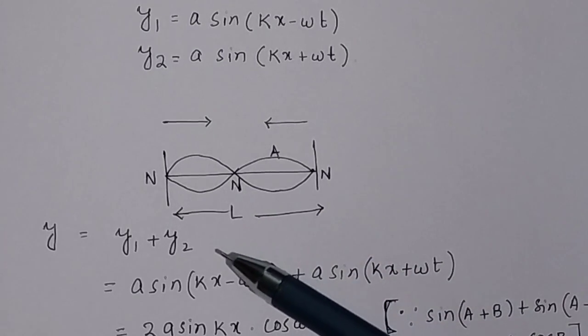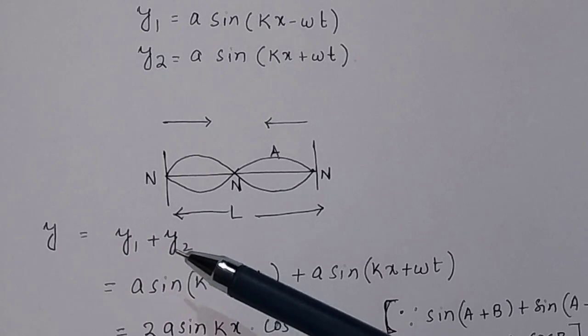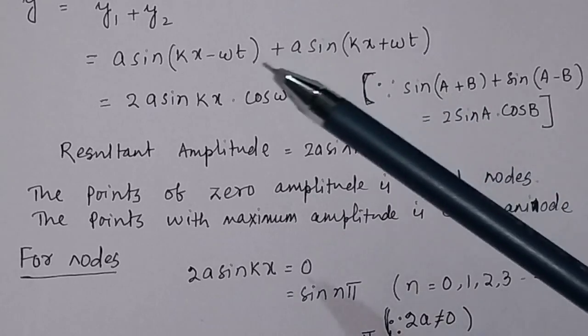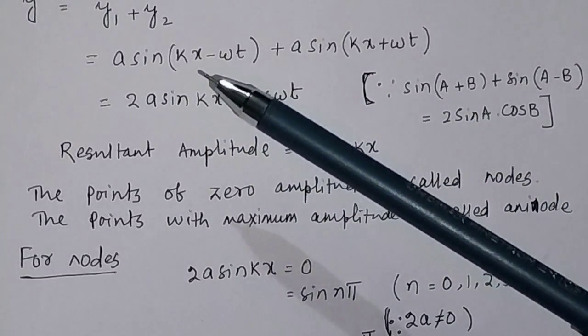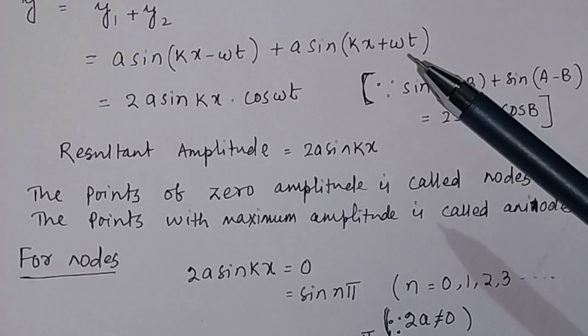So from the superposition principle, the resultant displacement y will be equal to y1 plus y2. So y1 is equal to a sin(kx minus omega t), y2 is equal to a sin(kx plus omega t).